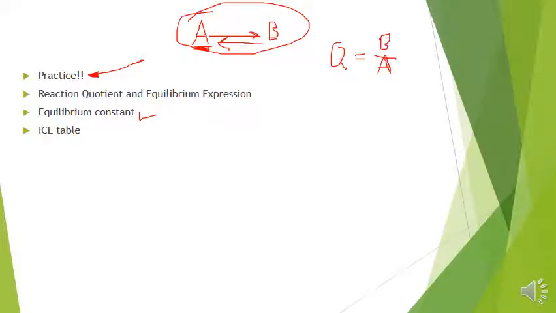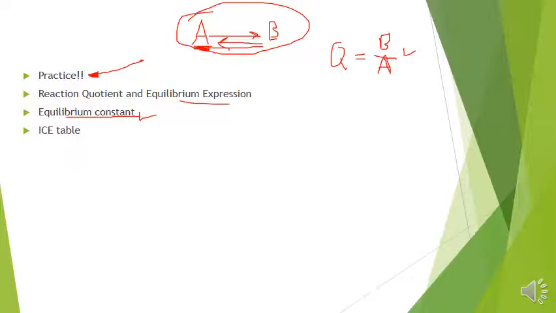So you'll have the equilibrium constant and then you'll be coming up with the ICE table to figure that out. I mean, the steps would be: always, given an equation, write the reaction quotient and the equilibrium expression, basically the same thing.